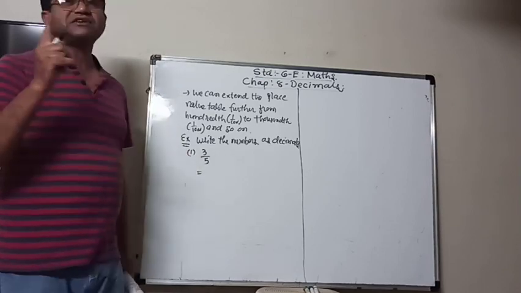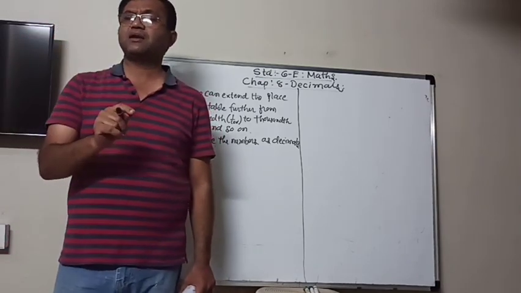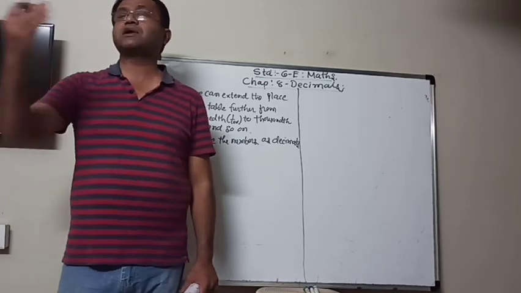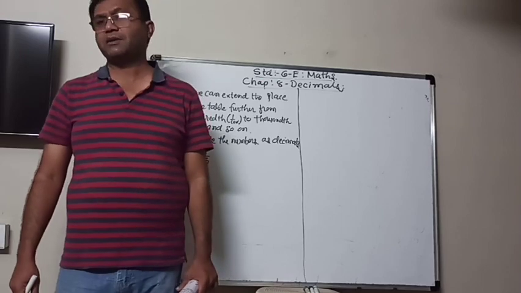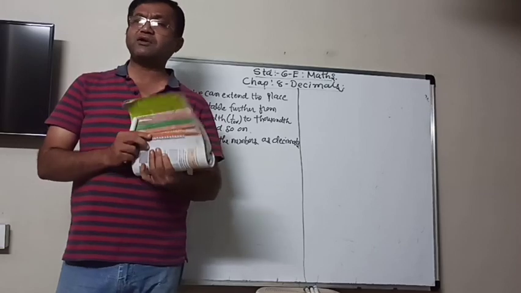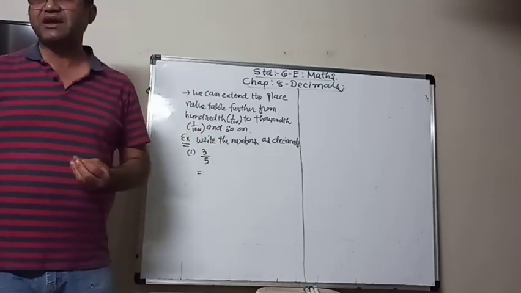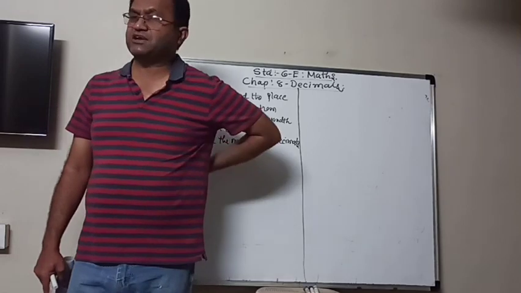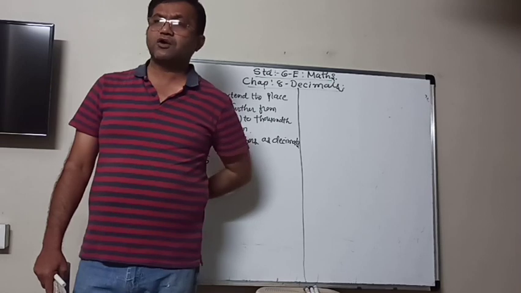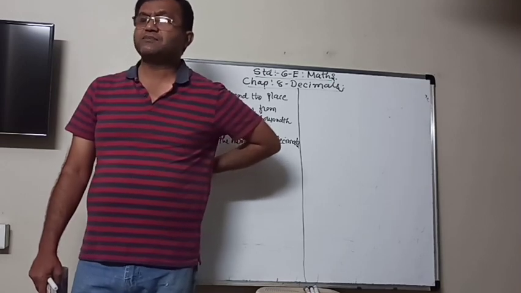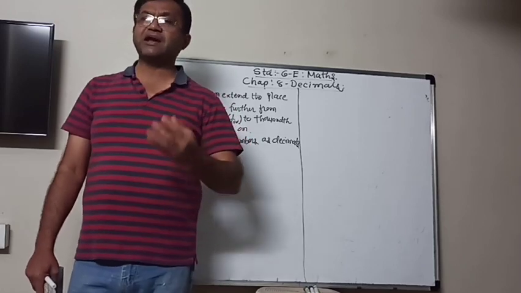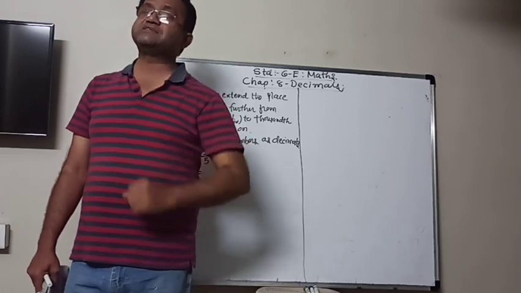We know that when the denominator is 10 or 100 or 1000, it is easier to convert them into decimal numbers. So whenever a fraction is given and we have to write it in decimal form, we should find an equivalent fraction that has either 10 or 100 or 1000 in the denominator. Then we can easily write the fraction in decimal form.